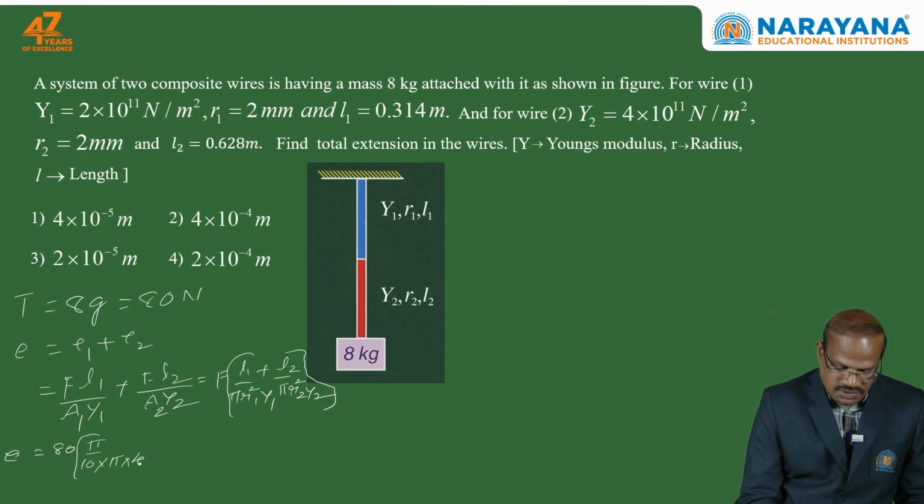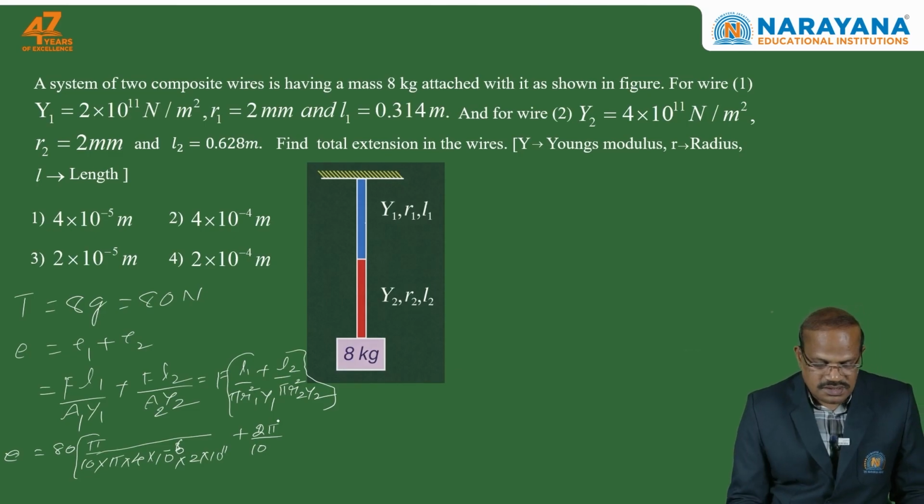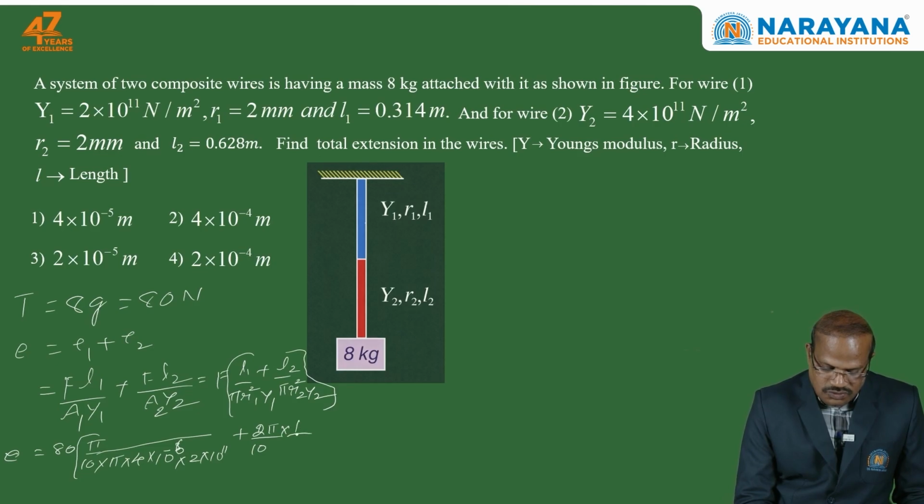R1 is 2 mm, so 4 into 10 power minus 6, into Y1 which is 2 into 10 power 11, plus L2 is 2 pi by 10 because L2 is given as 0.628 meter, into 1 by pi R2 square, again 4 into 10 power minus 6, into Y2 which is 4 into 10 power 11.